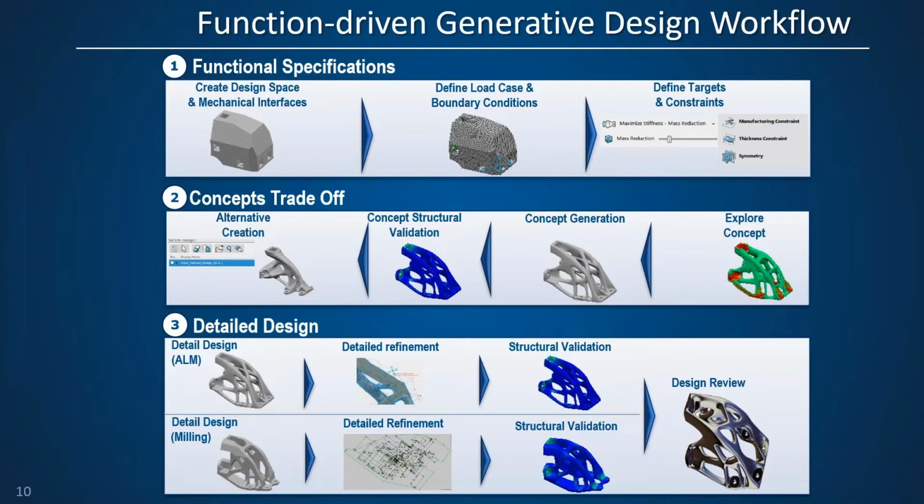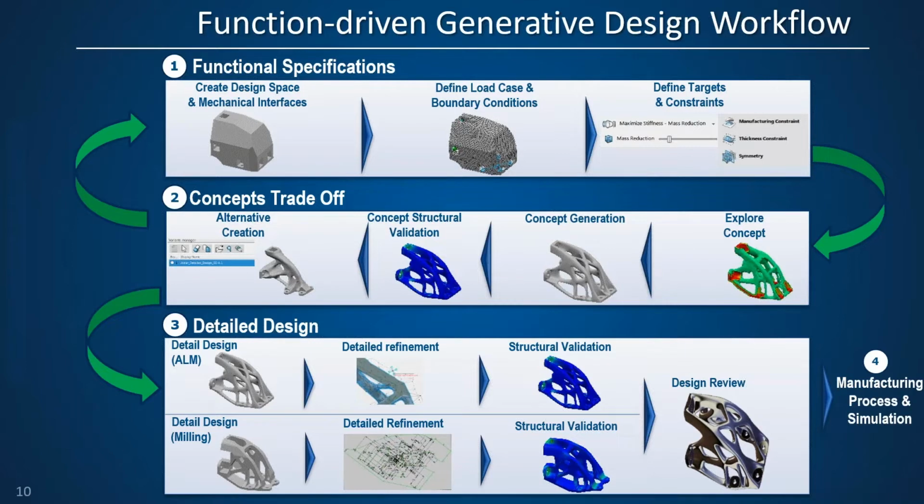and then it goes for the manufacturing process and simulation. So as this arrow indicates, the first and second processes in the workflow are an iterative process. Either you can start with the functional specification, you do the concept trade-off studies.